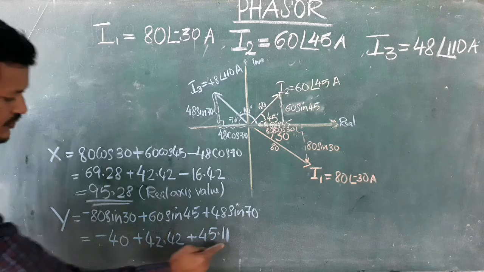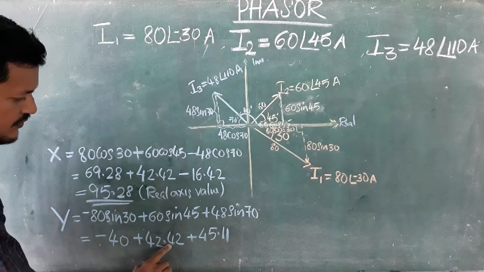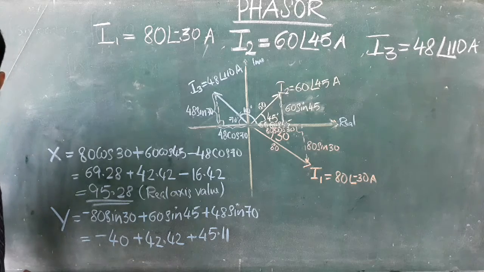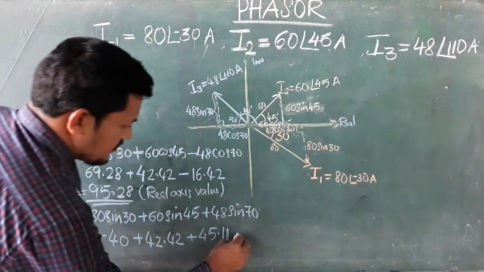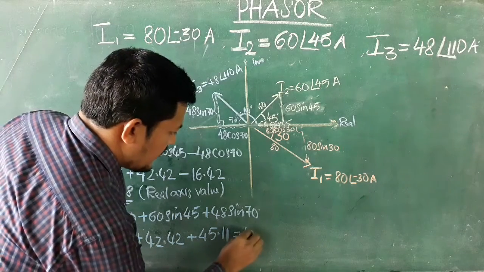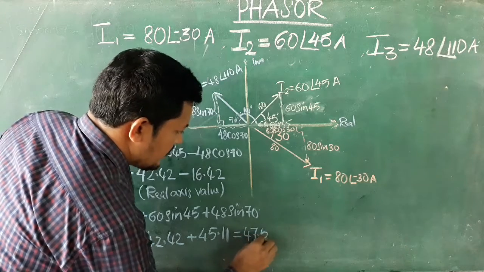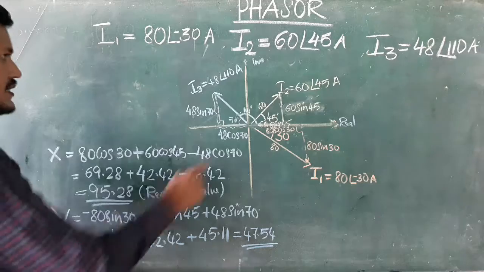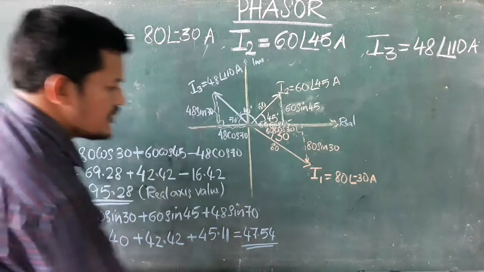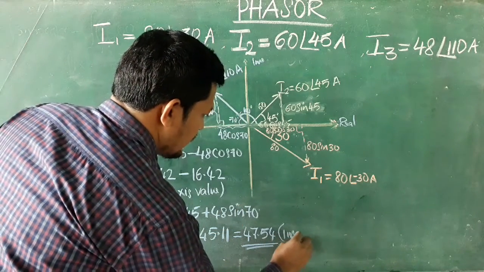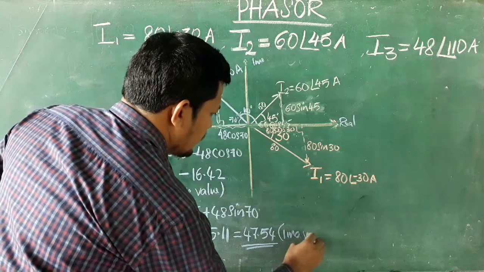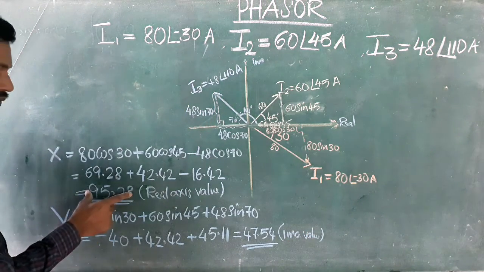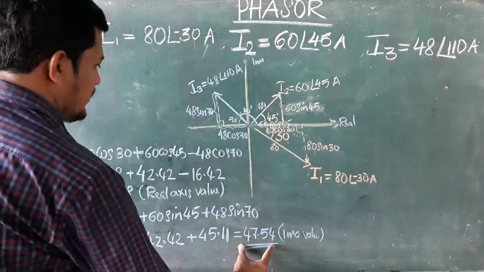So while adding these, minus 40 plus 42.42 plus 45.11, we will get 47.54. This is the y-axis value, which belongs to the imaginary part. Imaginary value. Clear. So we got the real part value and the imaginary part value.